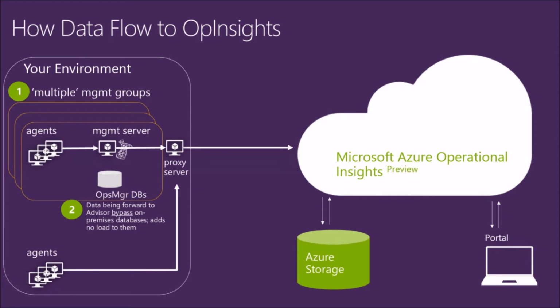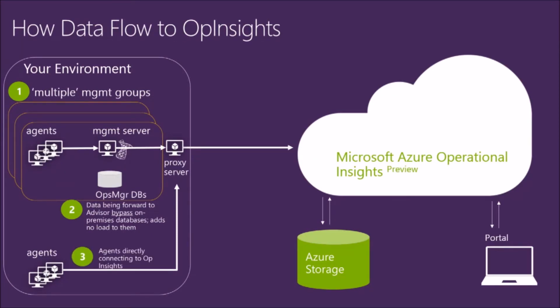So when you tell us to collect X number of event logs, don't worry about that activity impacting your on-premise performance and scale. We don't touch your databases, and we know that your databases is where your scale bottleneck is. So we made sure that doesn't impact your environment. That data shoots right across the management server and up to the cloud.